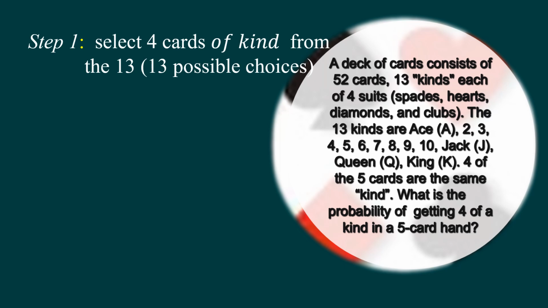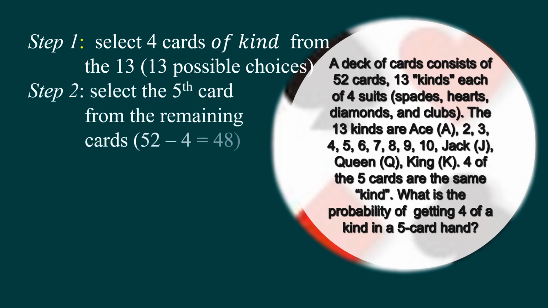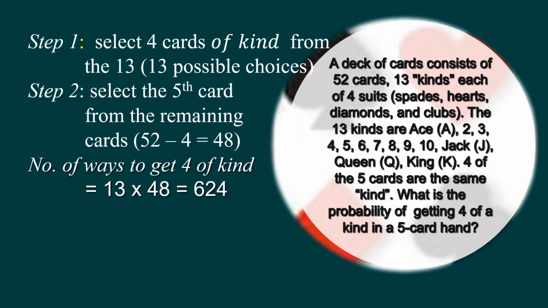But we need 5 cards, so we need to choose another card from what remained of the 52 cards. This will be our step 2. We have used 4 already, so the remaining cards are 52 minus 4, or 48.